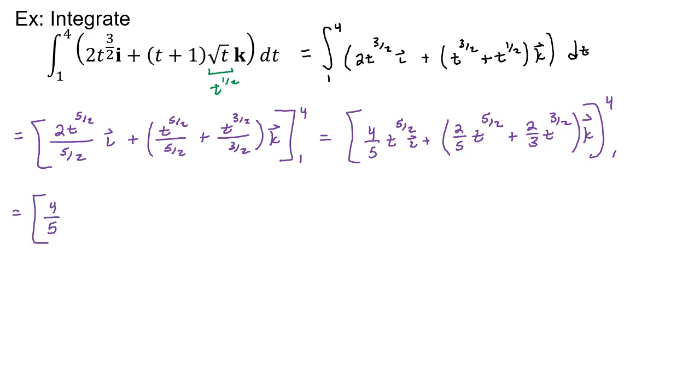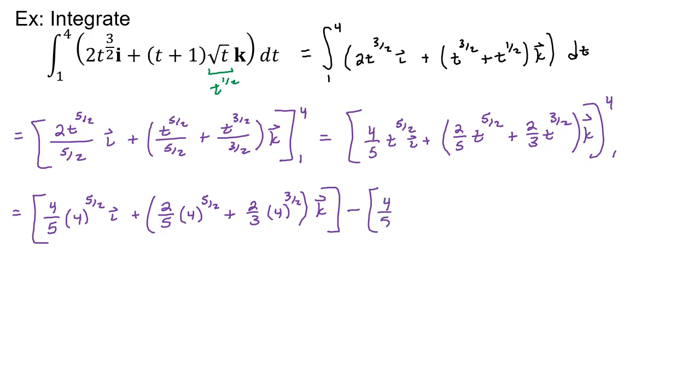If you plug in the 4, I'll get 4 to the 5/2 i plus 2/5 times 4 to the 5/2 again plus 2/3 times 4 to the 3/2 on the k, minus, if you plug in the 1, you'll get 4/5 times 1 to the 5/2 i plus 2/5 times 1 to the 5/2 plus 2/3 times 1 to the 3/2.